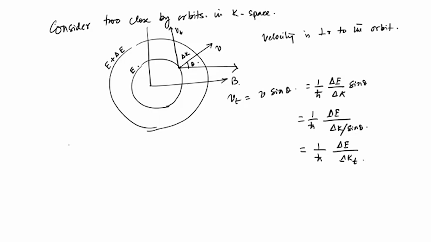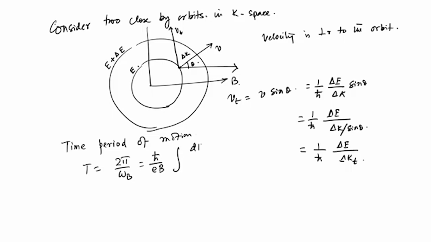So the time period of motion is given by T equal to 2 pi over omega b, which is equal to h cross over E b, and now we have a dk divided by delta E divided by delta k transverse.